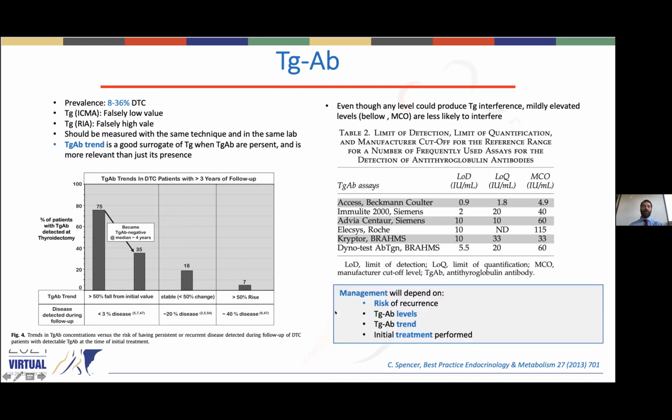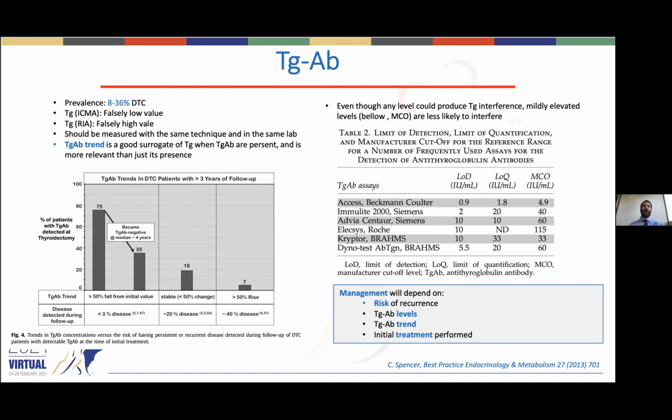In conclusion, the management of patients who have thyroglobulin antibodies will depend on the thyroglobulin antibody levels, on the thyroglobulin antibody strength, and on the initial risk of recurrence of the patient.